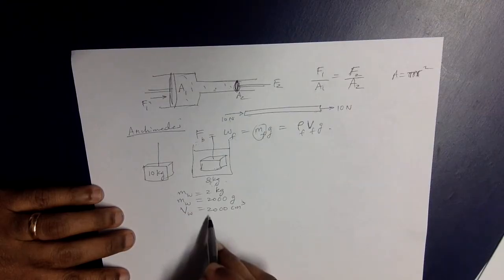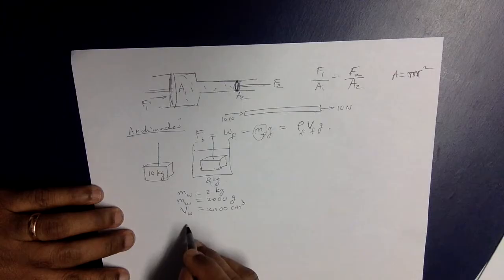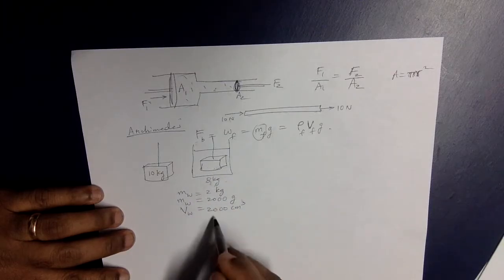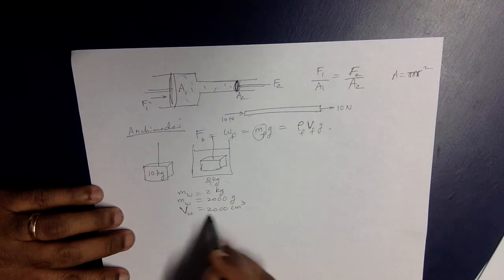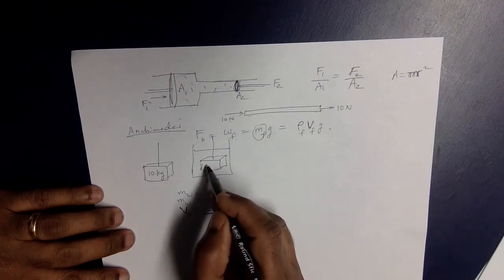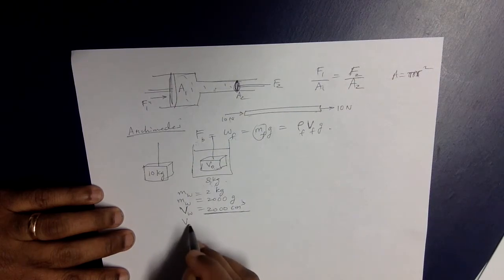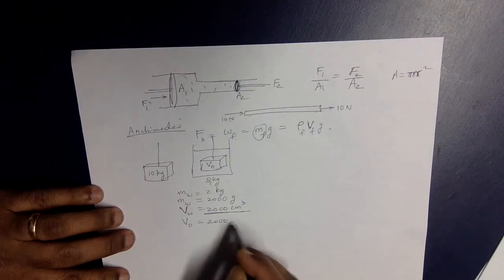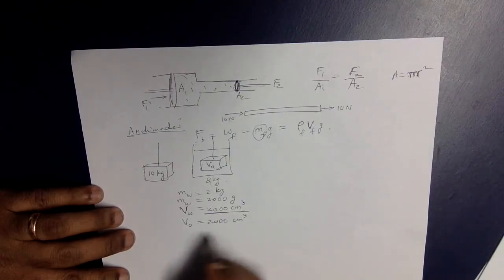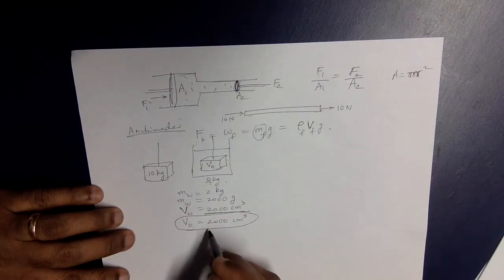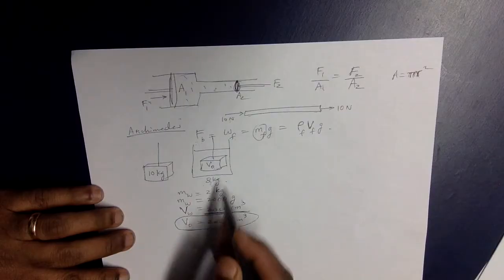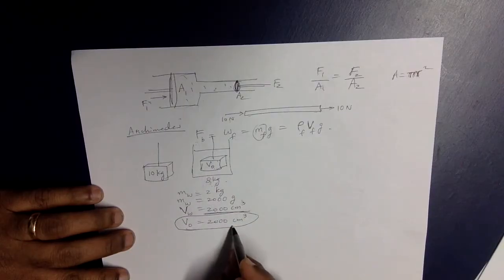Why is this much water being displaced? It's because the volume of the object is the same, 2000 centimeter cubed. If so much water is displaced by the object, then it should be equal to this volume.